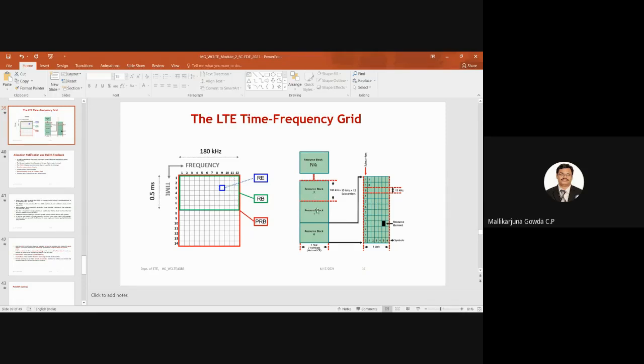That is why here on the right side I have written resource block 0, resource block 1, resource block 2, and so on.